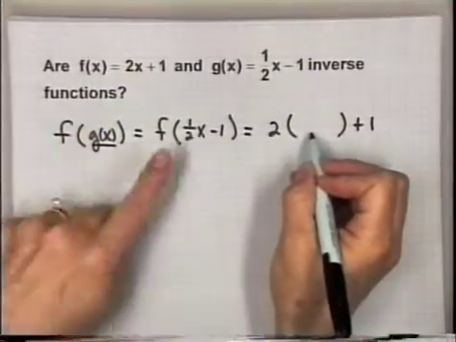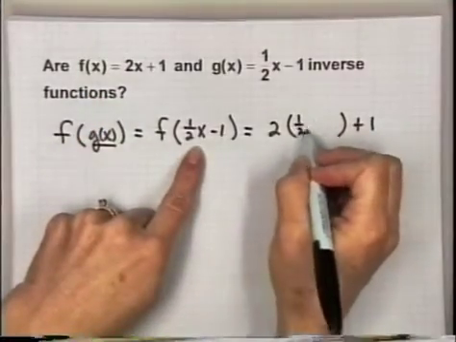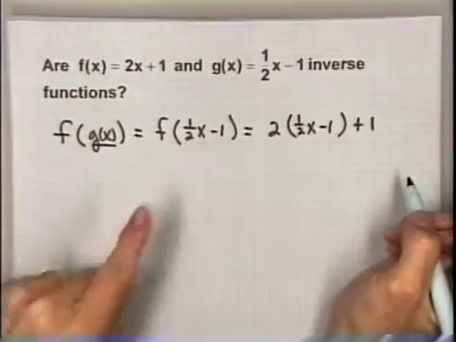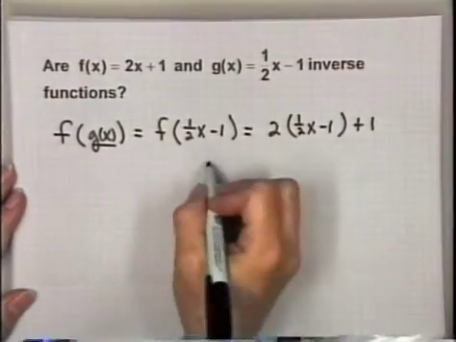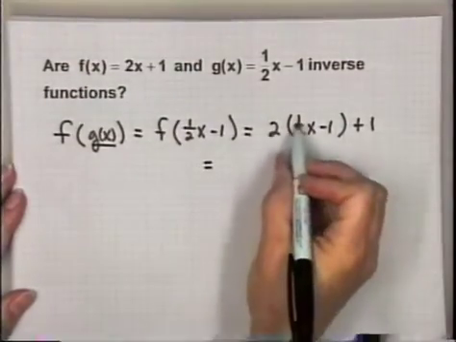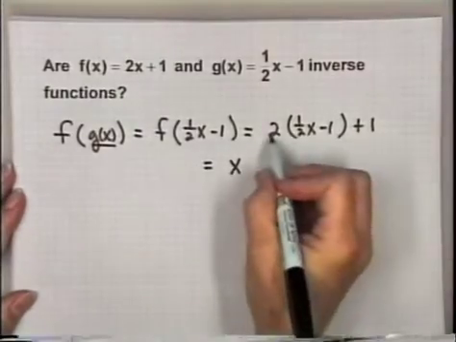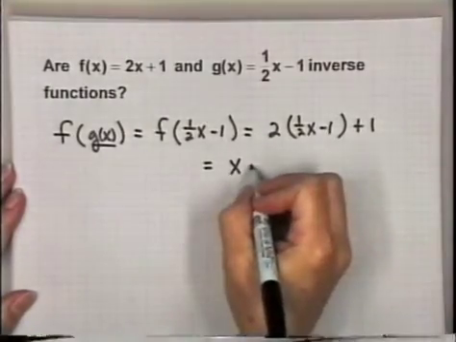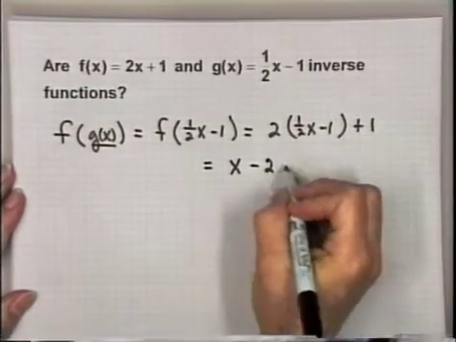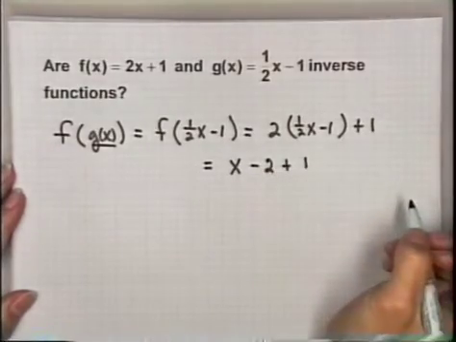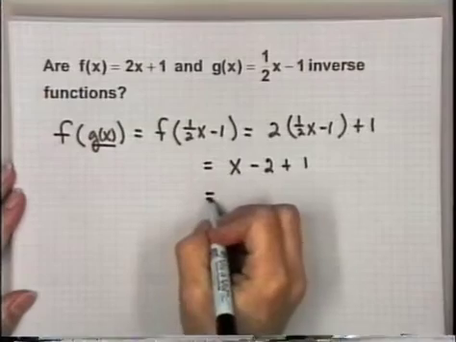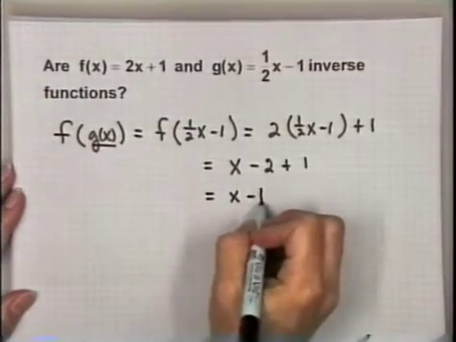So this variable is being replaced with 1/2 x minus 1. Now let's simplify. 2 times 1/2 x, of course, gives us 1x, doesn't it? 2 times negative 1 is negative 2. And then we have a plus 1. Notice when we simplify here, we get x minus 1.